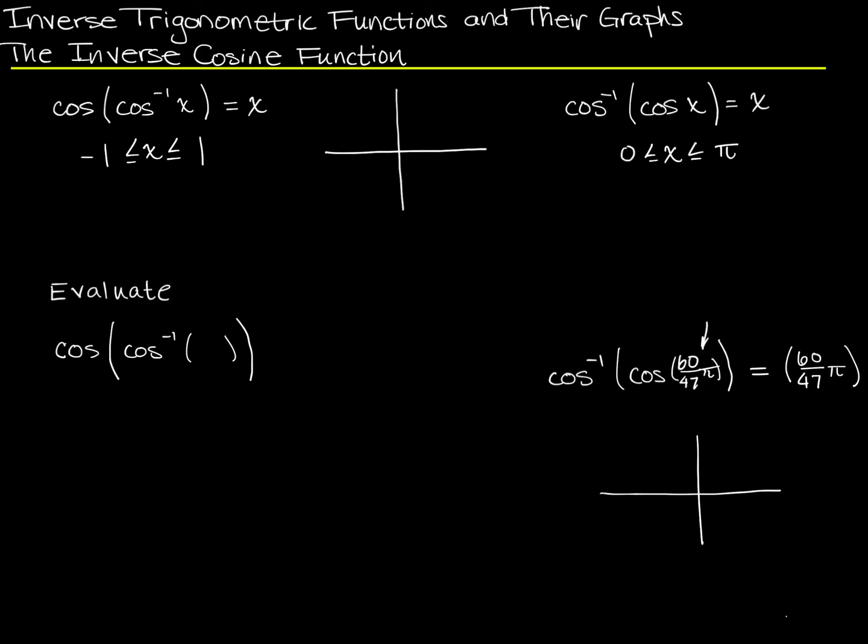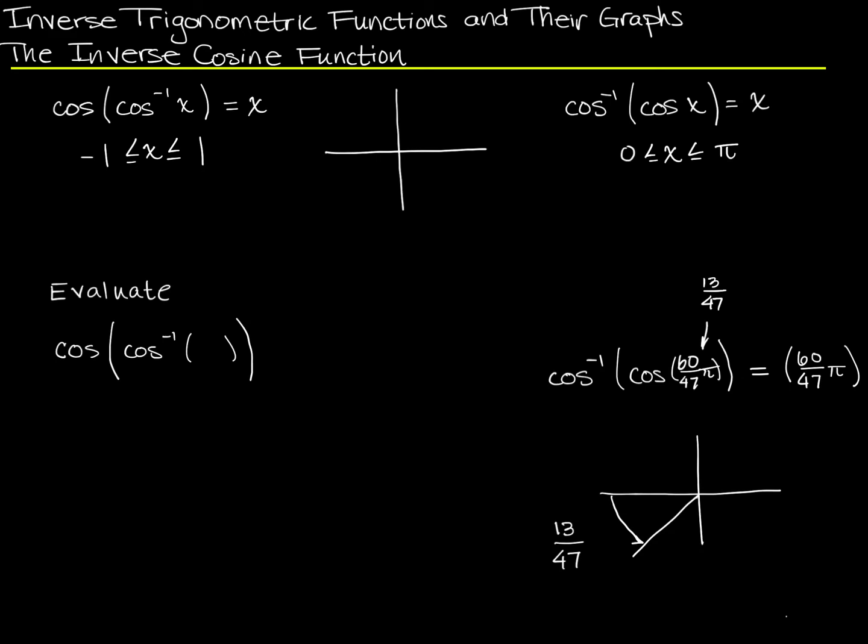So let's figure out where 60 over 47 pi is. It doesn't need to be exact. I just need to know that it's somewhere in quadrant 3, right? It's bigger than pi by 13. Well, by 13/47ths, I should say. This is 13/47ths too big. So I need to find an angle whose cosine is the same as the cosine of this angle right here.